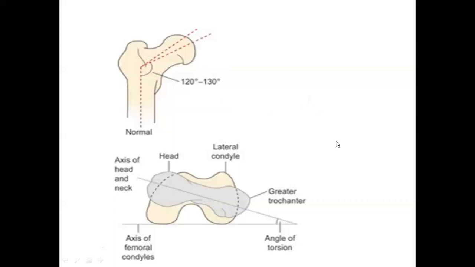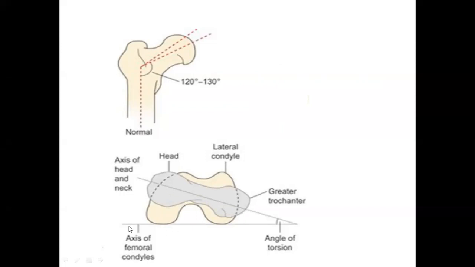Then we have another angle that is known as the angle of torsion. What is the angle of torsion? This is a diagram, understand this. What do we see? These are the condyles. If you look at the femur from below through the condyles, this part is the condyles, and this part will be the axis of the neck and the head.